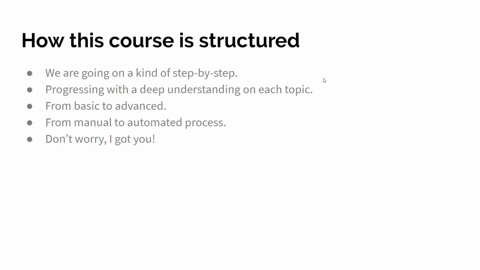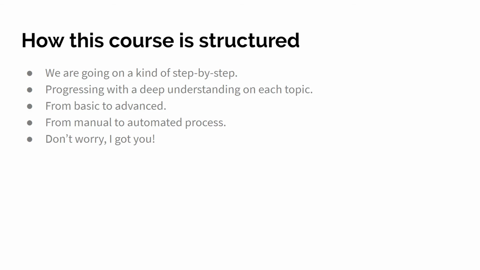The structure of this course is pretty simple. We'll be doing everything step by step, and then we'll be progressing deeper on each topic. So each topic is kind of a prerequisite for the next one.